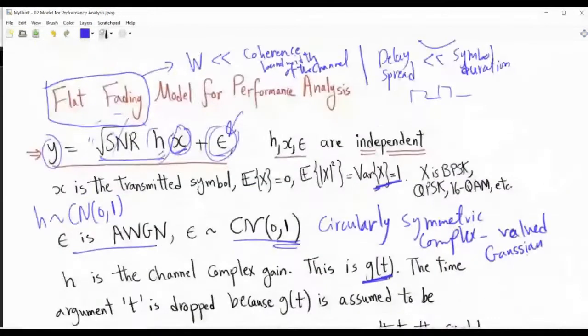The idea is that you are treating the channel in this received signal model as a random variable, because we design the system so that the symbol duration is much smaller than the coherence time of the channel. So the channel is almost constant over the transmission of not just one symbol, but a bucket of symbols, and hence we can just treat the channel as a complex number.